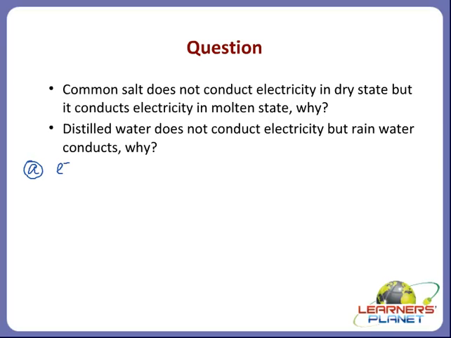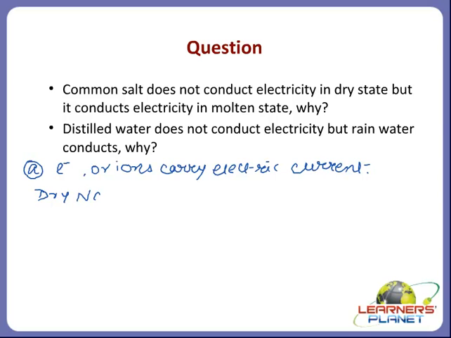Either electrons carry electric current or ions carry electric current. Right, children? Now in dry state, say I have got dry NaCl. Now will this NaCl dissociate? No, it will not dissociate.